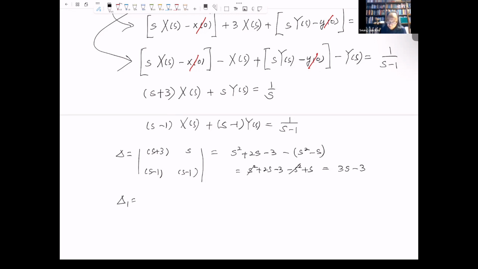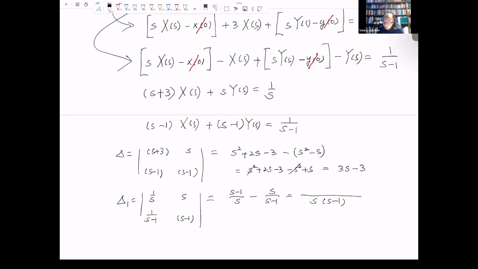Δ1: the first column is going to be 1 over s, 1 over s minus 1. Second column, s and s minus 1. ad is (s minus 1) over s, minus bc, s over (s minus 1). Want to make a common denominator, s minus 1.